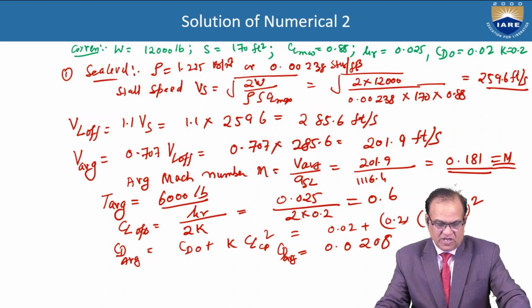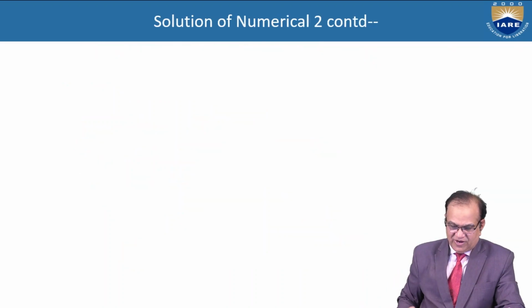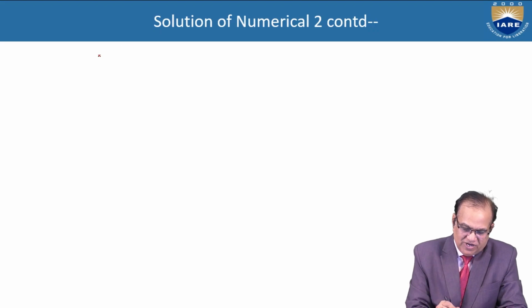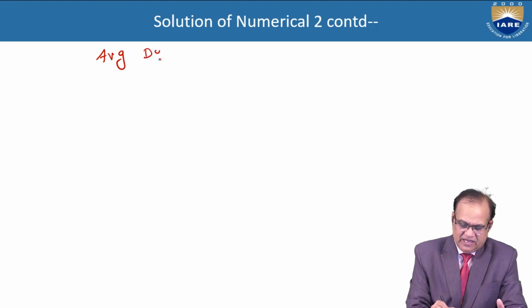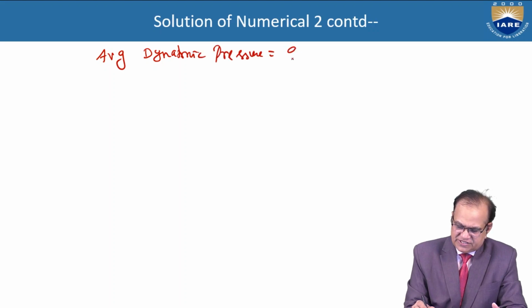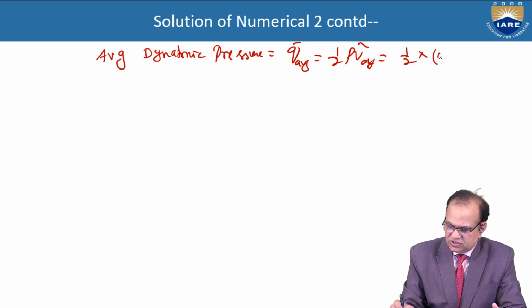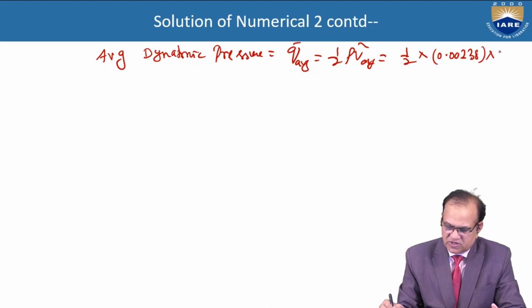0.0208. Now we have to see the average dynamic pressure, because we are taking everything average, so we have to take the average dynamic pressure, that is Q bar average is equal to half rho V square average, half into 0.00238 into V is equal to 201.9 whole square.